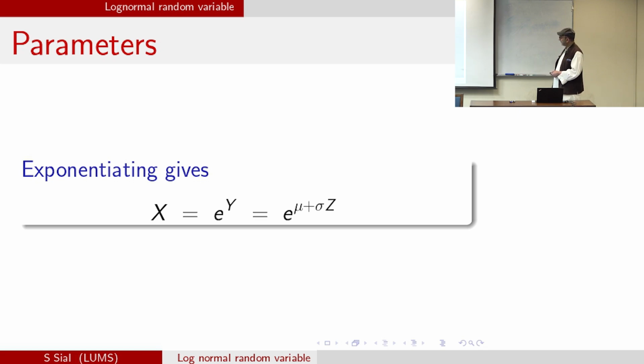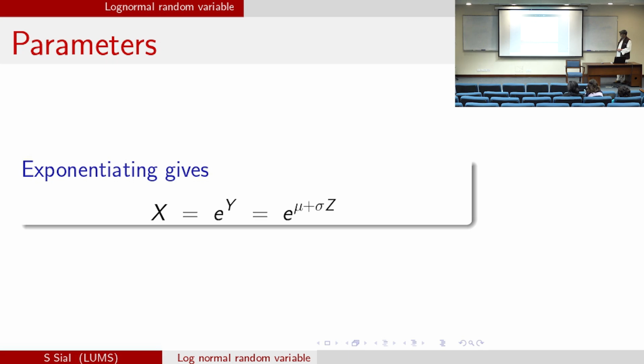Then this x is the exponential of the standard normal. What happens if I make sigma equal to 0? Well, then x just has the form e to the mu. X would become a constant.